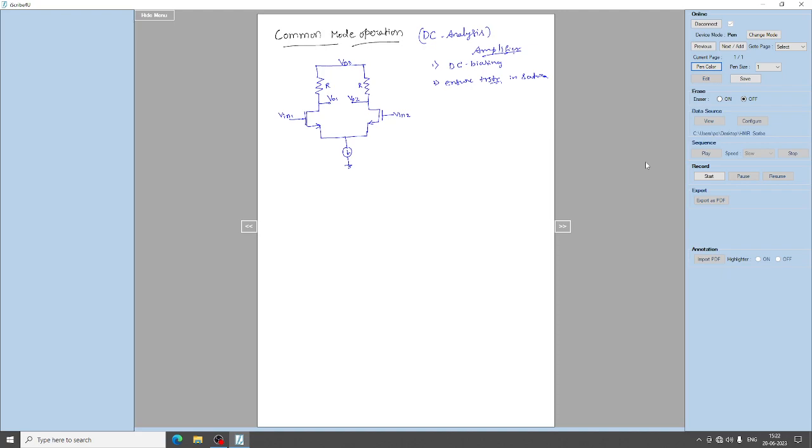So here we have two transistors M1 and M2, and we implement this current source using a transistor again. I will redraw it.